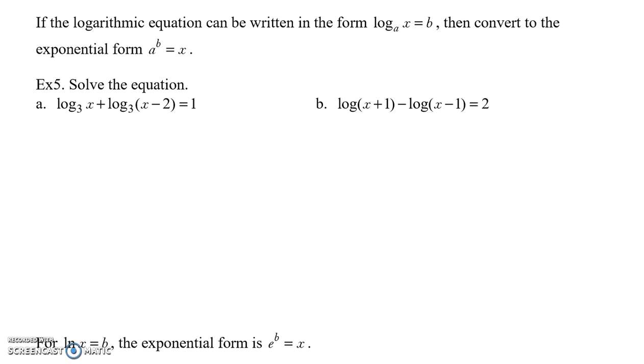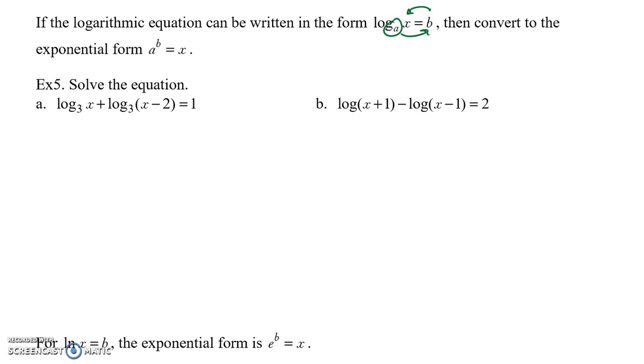And we do this, as you may recall, by starting with the base, raising it to the b as the exponent, and then setting it equal to whatever is inside the logarithm. So a to the b equals x. So I'll demonstrate that with the examples in example 5.